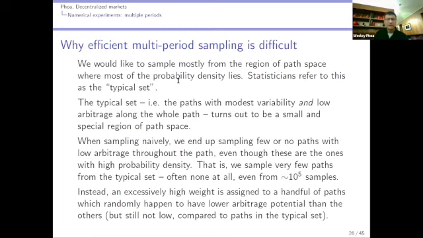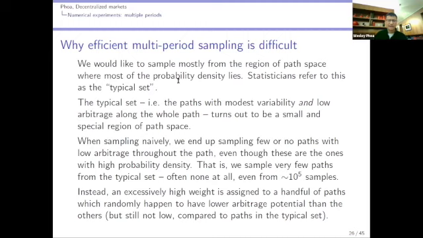And the problem here is that especially when there's a situation where you can have arbitrage, the typical set is a tiny part of path space with a very weird shape. And so when you're sampling naively, you often just never end up sampling anything from the typical set. It's a vague definition, but you see what I mean. Even though that's where the density is, you just miss it entirely.